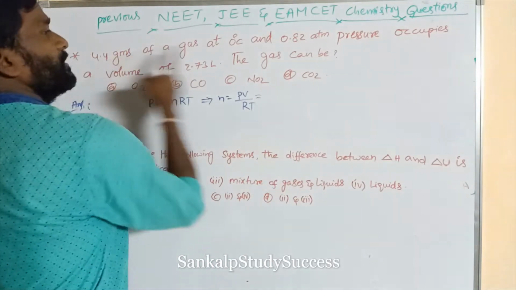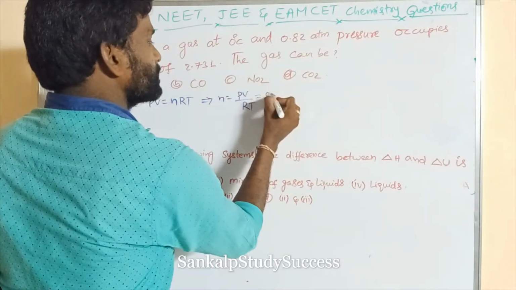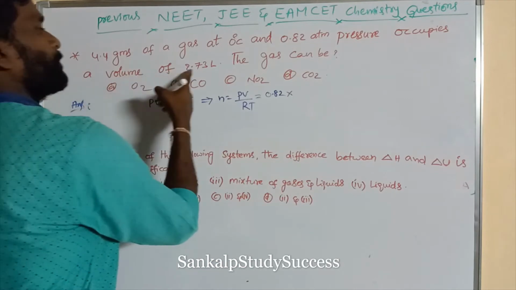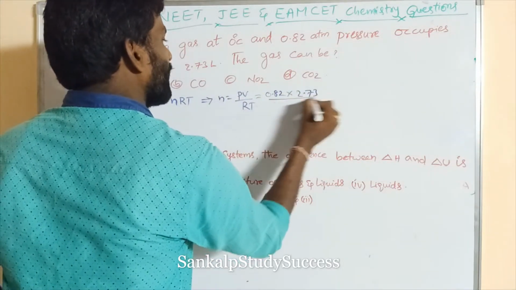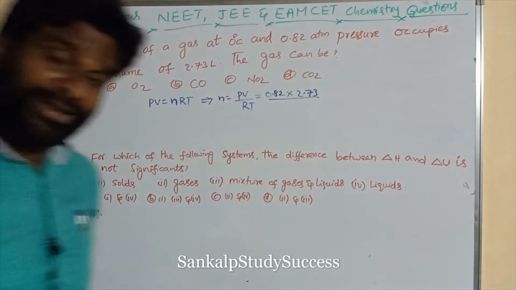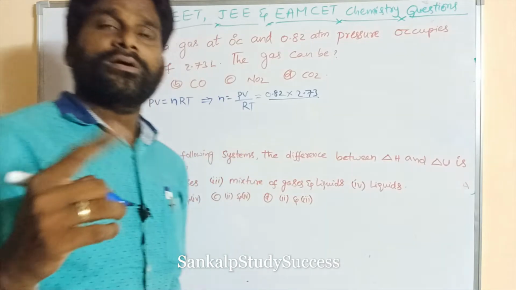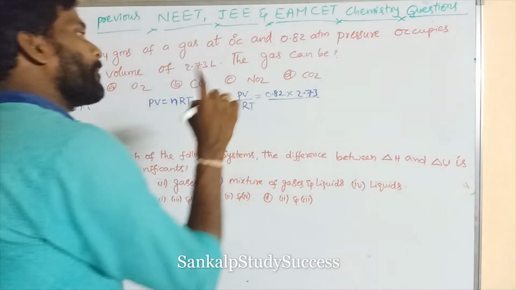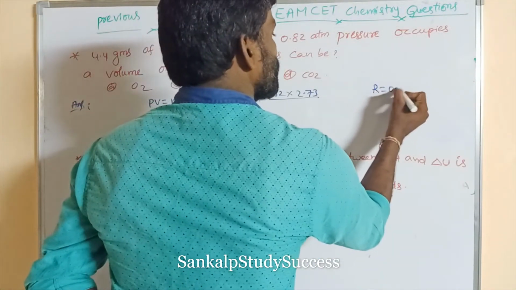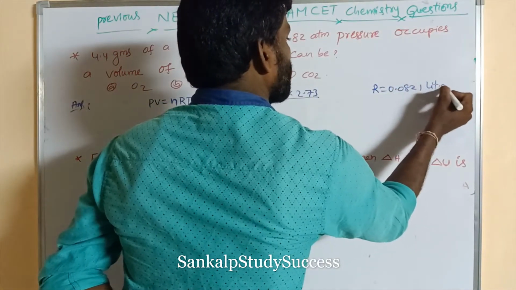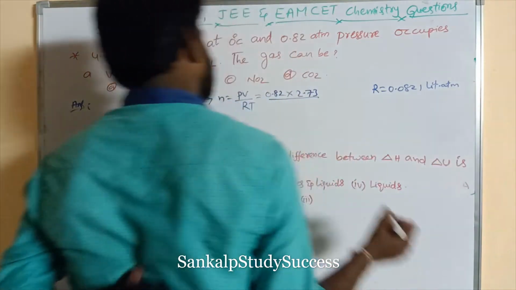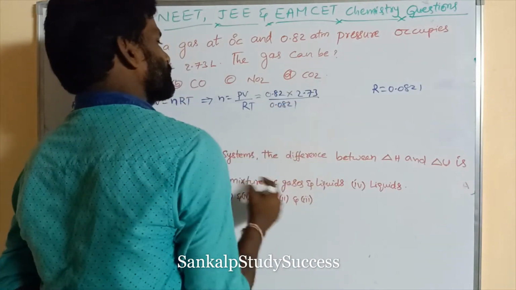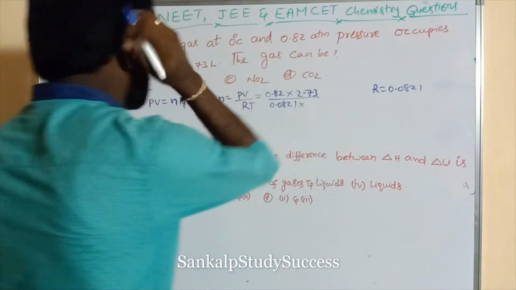So what is pressure? 0.82 atmosphere pressure is given, and volume is also given: volume 2.73, divided by R. Here R has so many values: 8.314 joule per kelvin per mole, 8.314 into 10 to the power of 7 erg, and 0.0821 liter atmosphere per mole per kelvin.